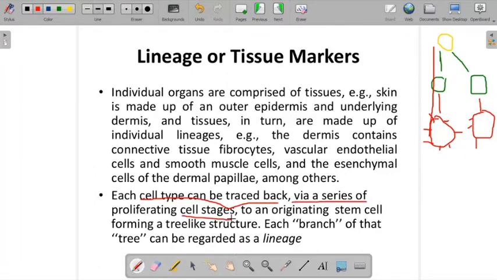Each cell, in every differentiation, expresses specific types of cellular growth factors, like platelet derived growth factor, PDGF.